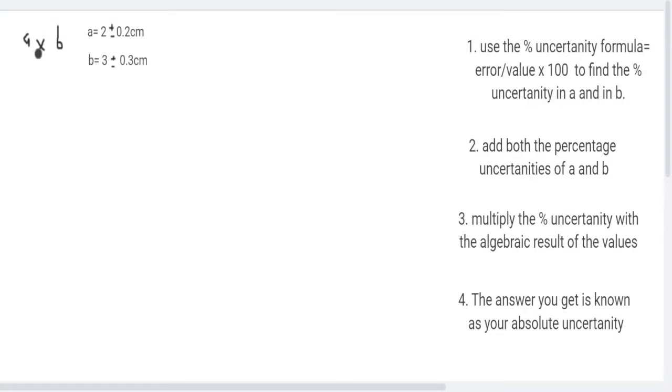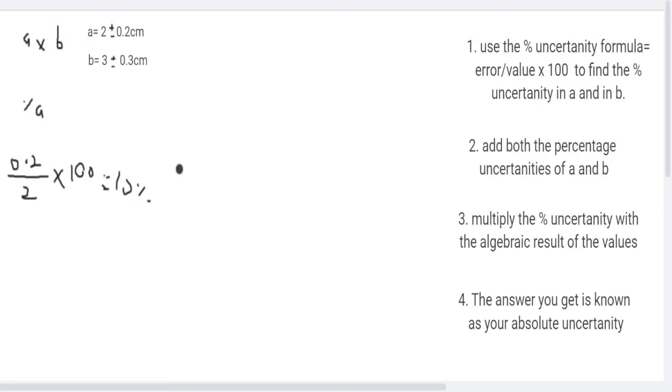Because I'm multiplying A with B. So step one is to use the percentage uncertainty formula to find the percentage uncertainty in A and in B. That would be the error in A. So the percentage uncertainty of A would be 0.2 over the value or the measurement of A, which was 2, times 100 would give me 10%.